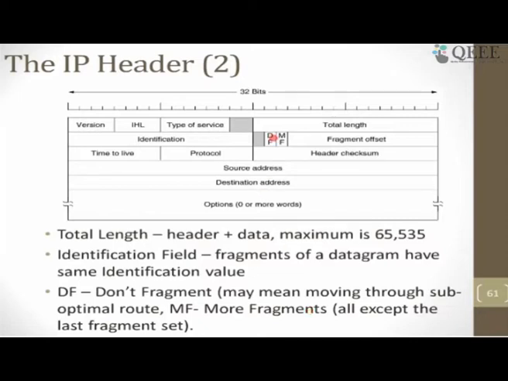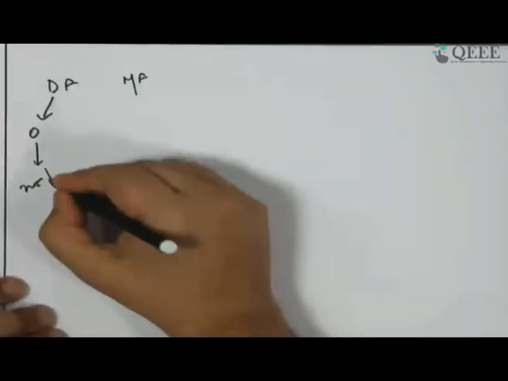So just to be clear, DF 0 means no fragmentation.